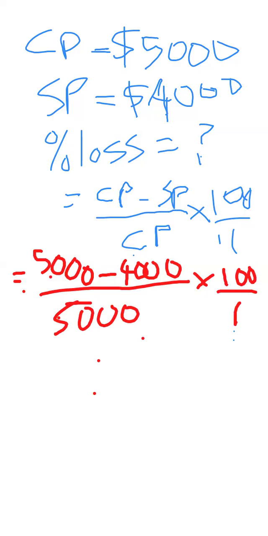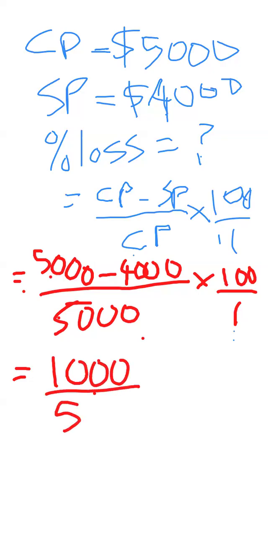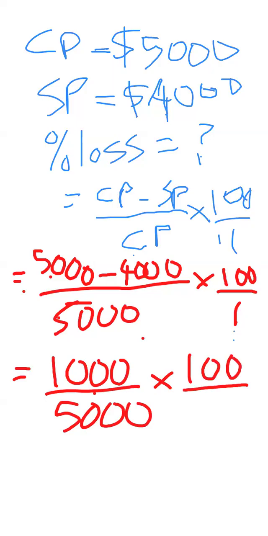So I just applied the formula, right? Nothing special. No big deal here. All right, so 5,000 minus 4,000, if you take care of that guy on top, is going to be 1,000, divided, and we still have 5,000 underneath, right? And then you have times 100 over 1.